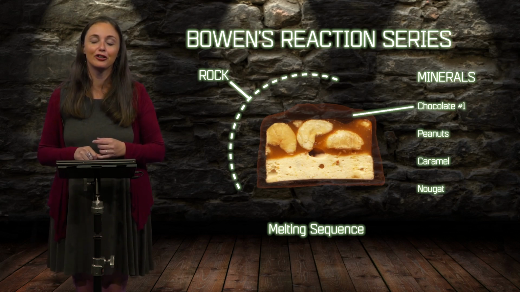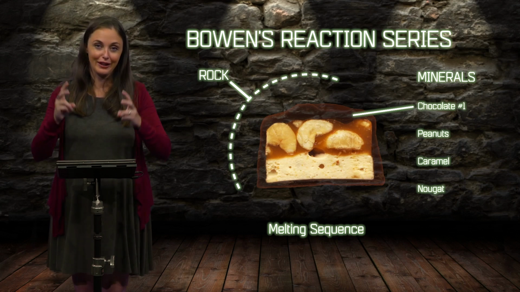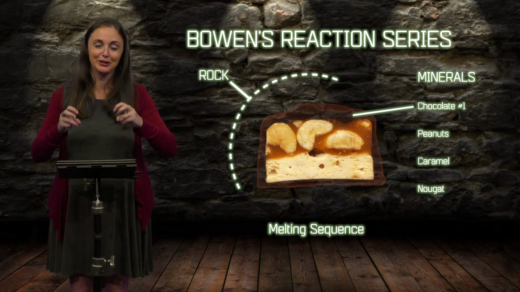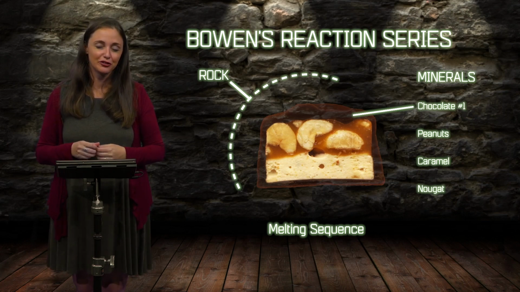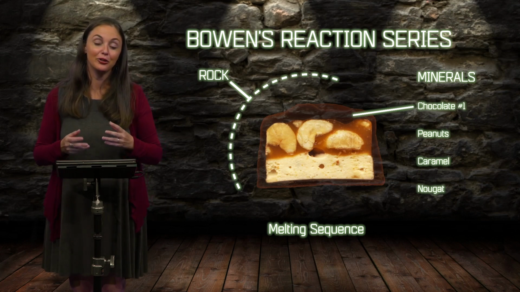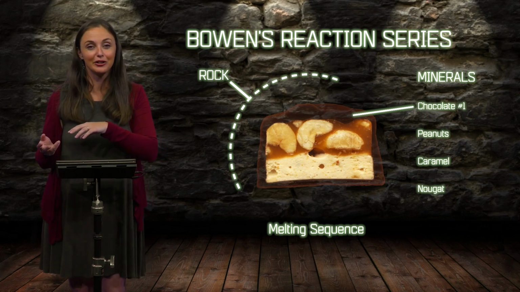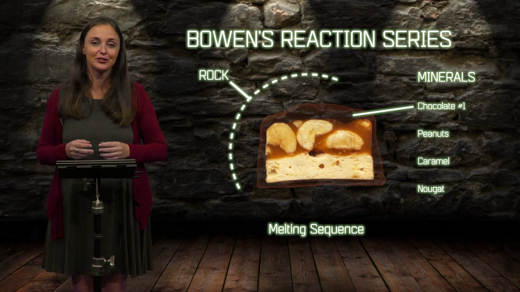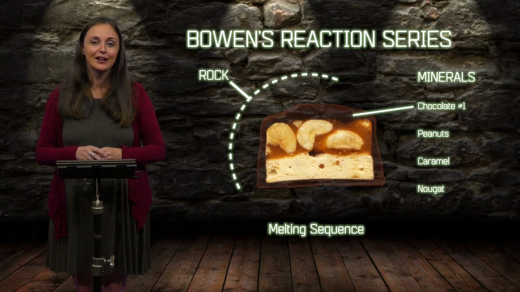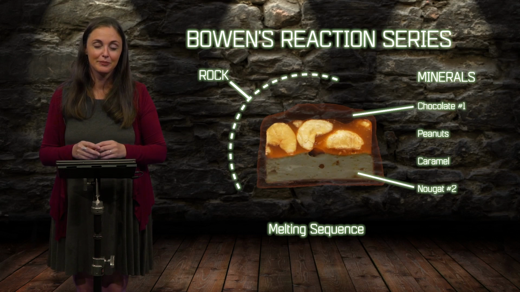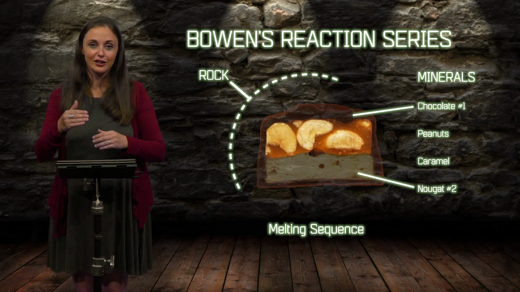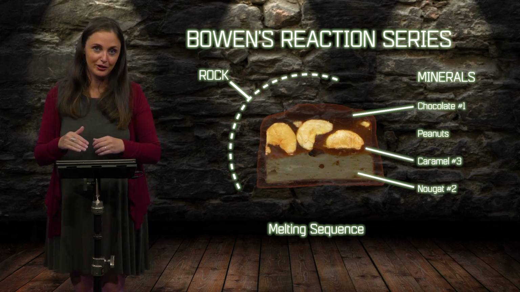Now, I've run this lab, if you will, this experiment in class a few times before, and I get different results. Some people say the nougat melts next, and some say the caramel does. It's a little harder to identify, but I'd say more people have told me that the nougat is probably the second thing to melt. So we'll say it's chocolate and then nougat and then caramel.